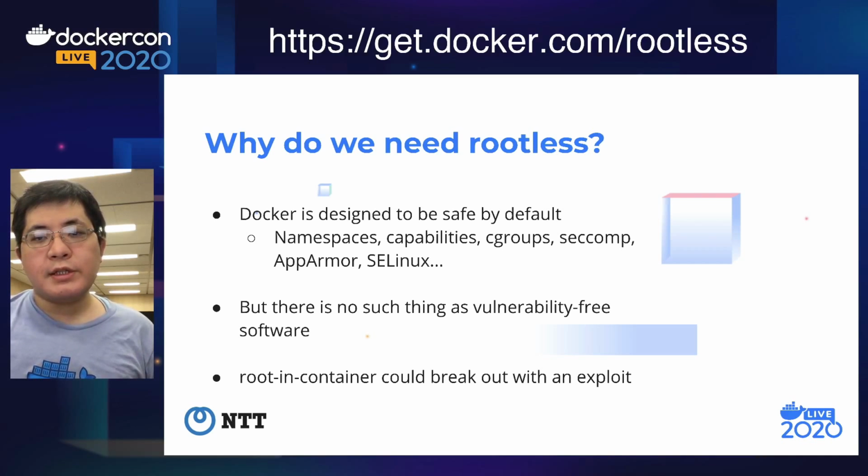And also it comes with cgroups for limiting device accesses and seccomp for limiting system calls, and also AppArmor and SELinux for controlling file access permissions. So in theory, you don't need to care about rootless mode. But in reality, every software has bugs. So the root user in the container can break out of the container with an exploit of such bugs.